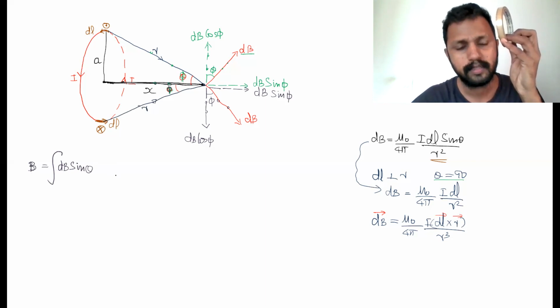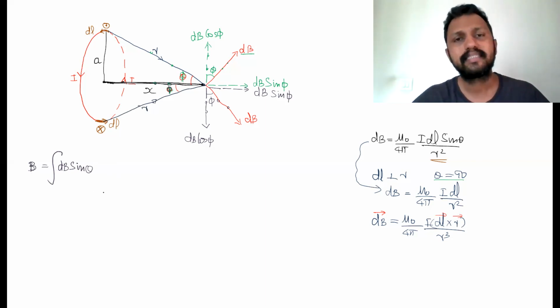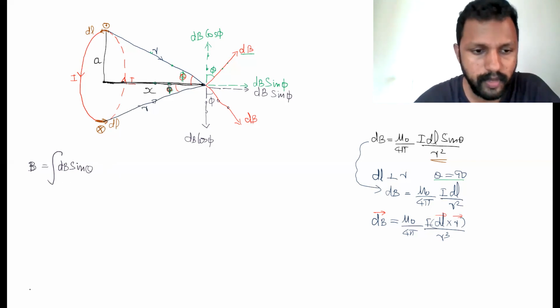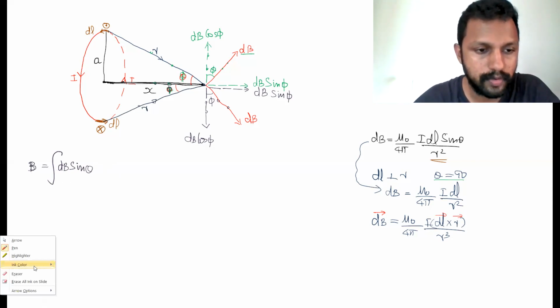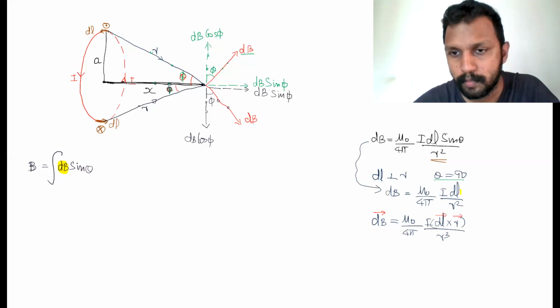Then let's substitute. We know the value of DB. The value of DB is mu 0 by 4 pi I DL by R square, that we have obtained over here.